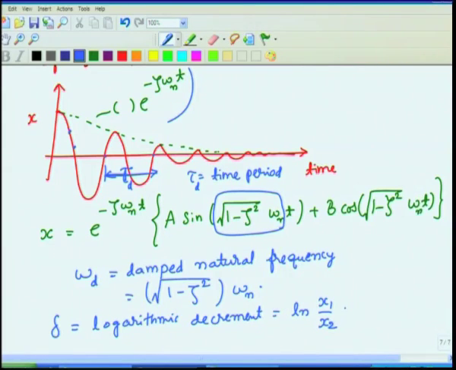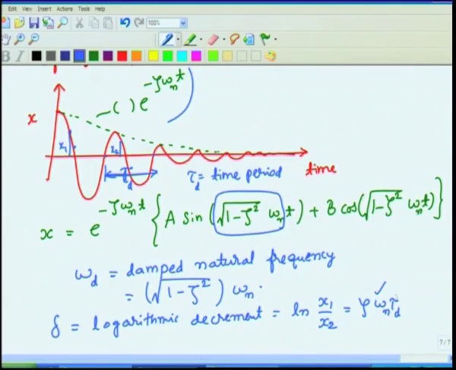If you take x1 here, you have to take a similar point over there, x2, that is after one period. Then that can be shown to be equal to zeta times omega n times tau d.